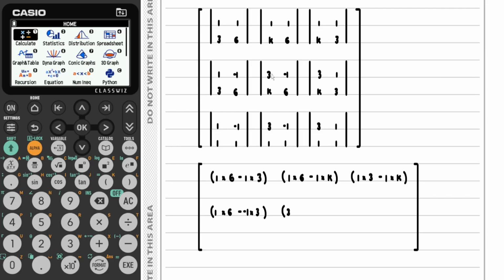Here we've got 3 times 6 subtract negative 1 times k. Here we've got 3 times 3 subtract 1 times k. Here we've got 1 times 1 subtract negative 1 times 1. Here we've got 3 times 1 subtract negative 1 times 1. Here we've got 3 times 1 subtract 1 times 1.